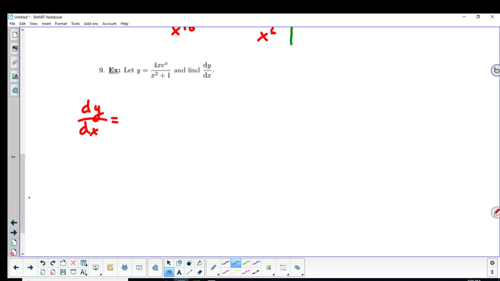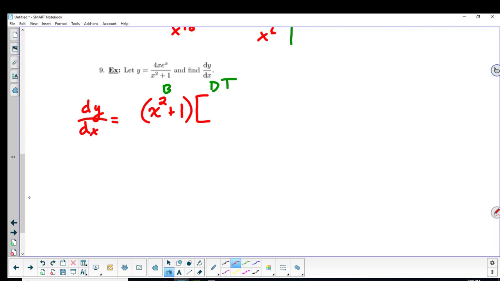So for the quotient rule, it says you write out the bottom. What is the bottom function here? X squared plus 1. Now here's the part where it matters. Then we're going to multiply that by the derivative of the top. So here's the bottom, and then we're going to take the derivative of the top.